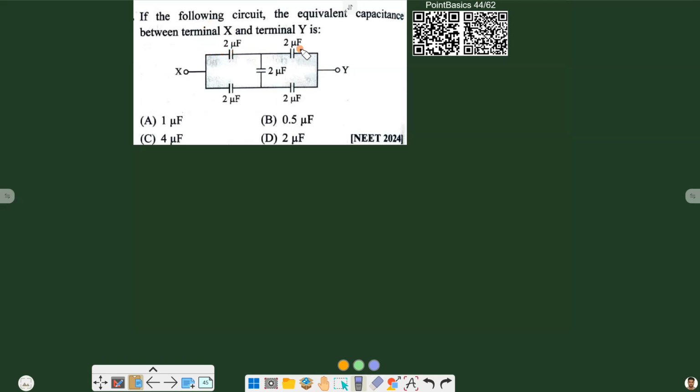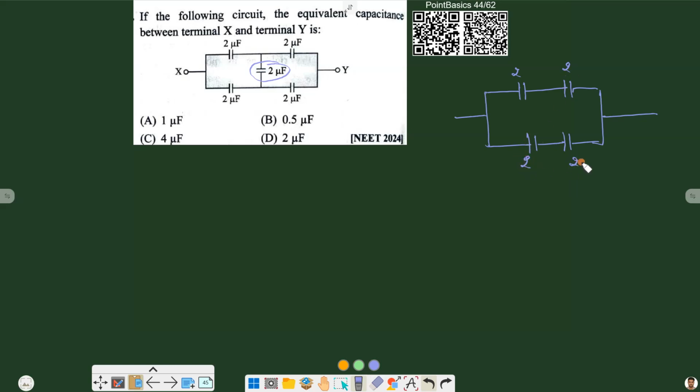In that scenario, it is a balanced Wheatstone bridge, and if it is balanced, no current flows through this middle wire, so we can easily remove this wire, and our circuit will look something like this after removing this wire and this capacitance also. So we'll have 2 microfarad, 2 microfarad, 2 microfarad, 2 microfarad, and this will be the final simpler circuit.